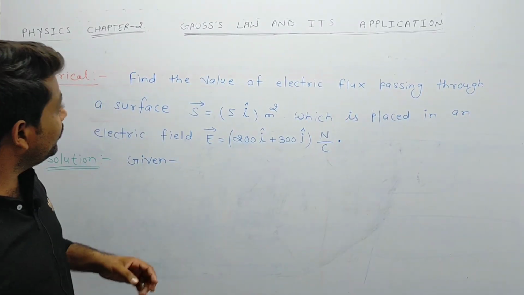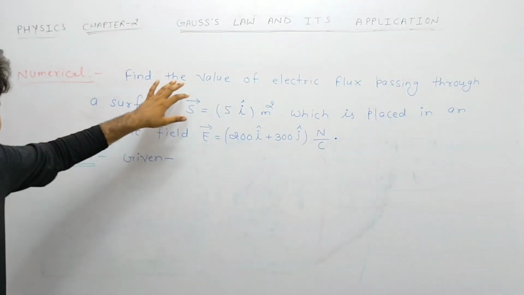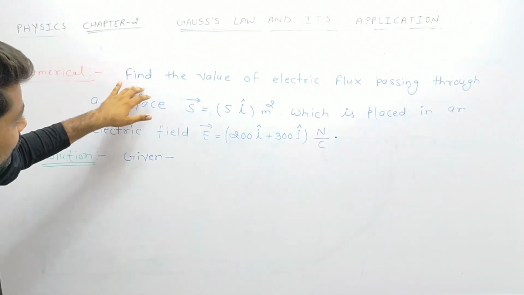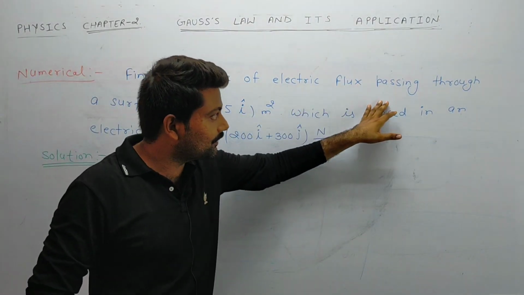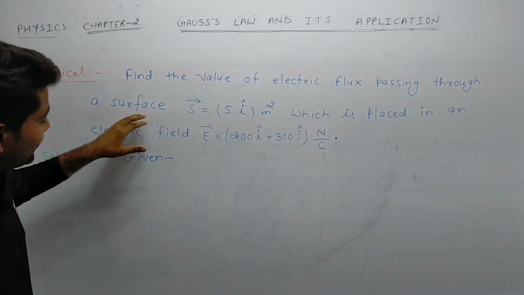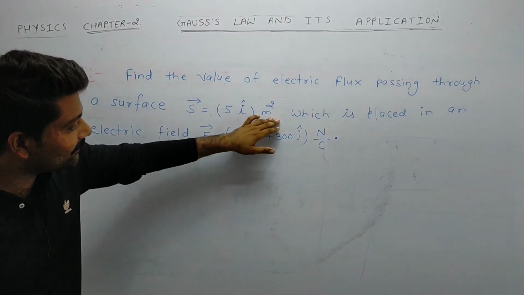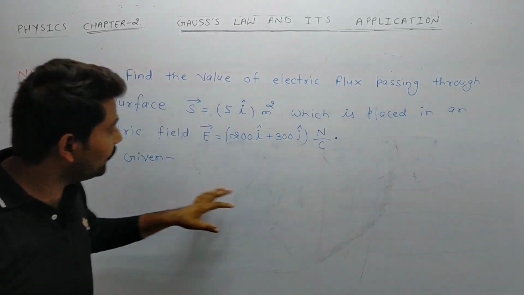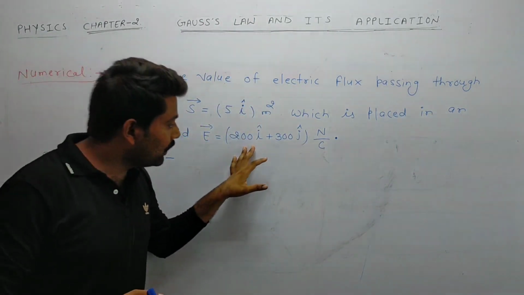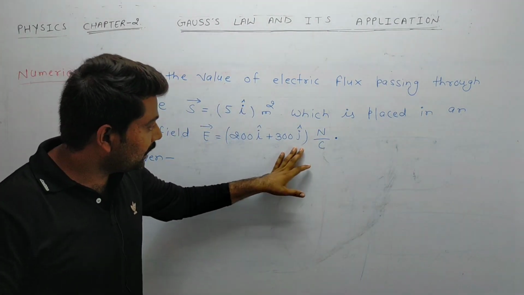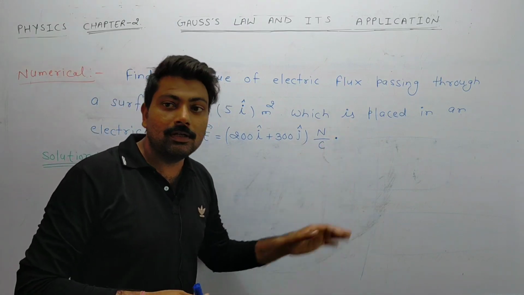Okay students, now we take an example related to electric flux. The example is: find the value of electric flux passing through a surface whose area is 5 i cap meter square, which is placed in an electric field of intensity 200 i cap plus 300 j cap Newton per Coulomb.